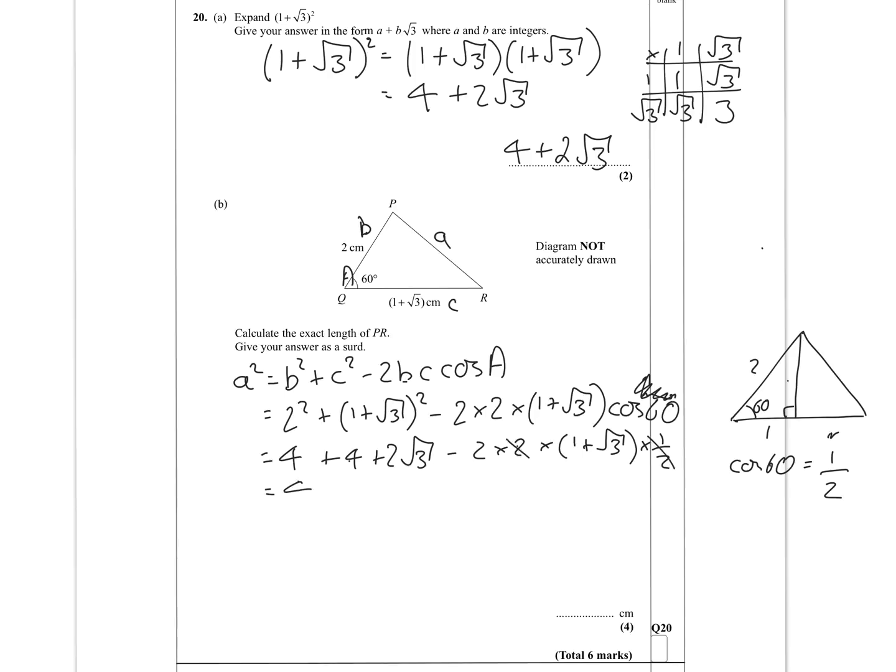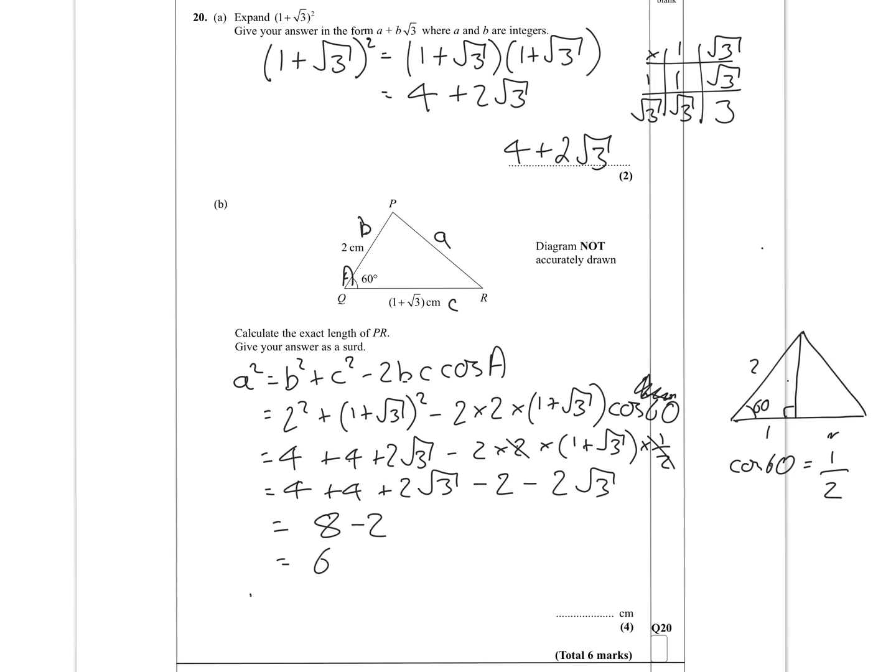So I've got 4 plus 2 root 3 minus 2 minus 2 root 3. Yep, so that's 8 minus 2, plus 2 root 3 minus 2 root 3. That is going to be 6.